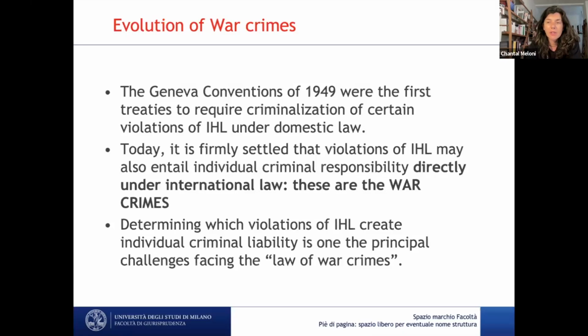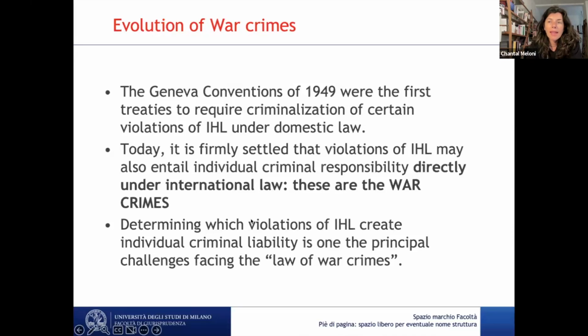And by the way, there is also, as we said, an obligation to search for these suspects. So these Geneva Conventions of 1949 are the first treaties that require such criminalization of certain violations of international humanitarian law.